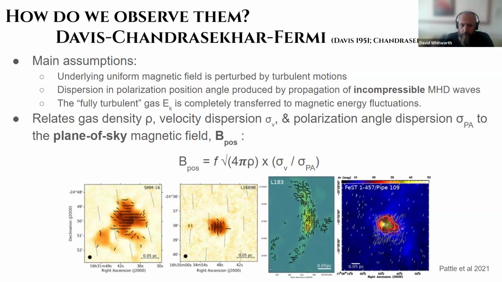Its dispersion in polarization angle is produced by propagation of only the incompressible MHD modes, and that the gas is fully turbulent and all energy is transferred to magnetic energy fluctuations. And these are quite big assumptions. It relates the density of the gas, its velocity dispersion and polarization angle to a plane of sky, so a 2D version of the magnetic field strength.